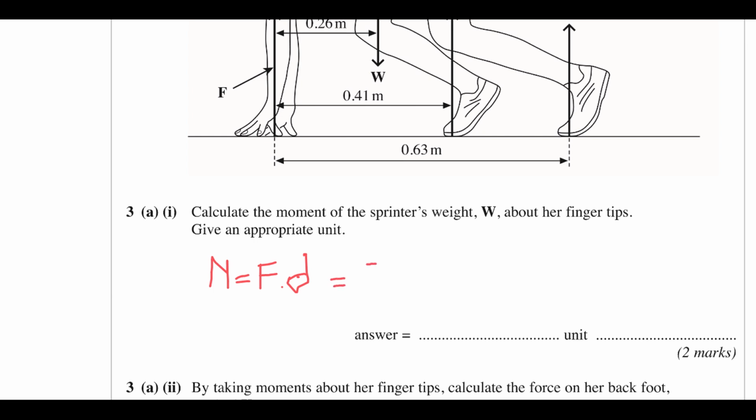So the force was 520. The perpendicular distance was 0.26. So when we calculate that, we end up with 135.2. So that will be 1.4 times 10 to the 2 newton meters, which is the unit of a moment.